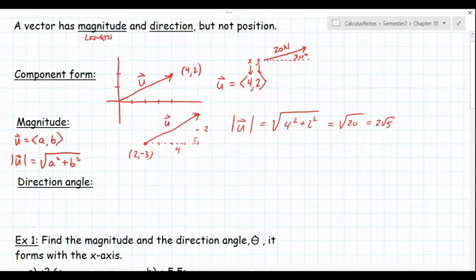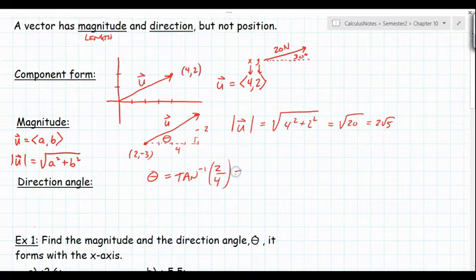Okay, to find the direction angle, that's the angle with respect to the positive x-axis or with respect to the horizon, we can use inverse trig. So for example, looking at this vector that we drew up above, 4 in the x direction, 2 in the y direction, to find theta, I could say theta is equal to inverse tangent of opposite over adjacent.